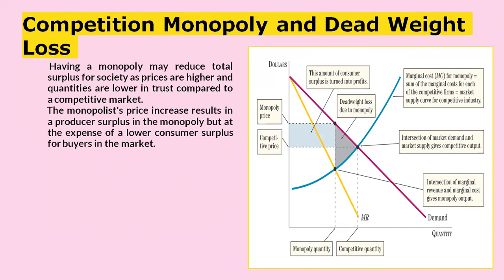The monopolist's price increase results in a higher producer surplus for the monopoly, but at the expense of a lower consumer surplus for buyers in the market.